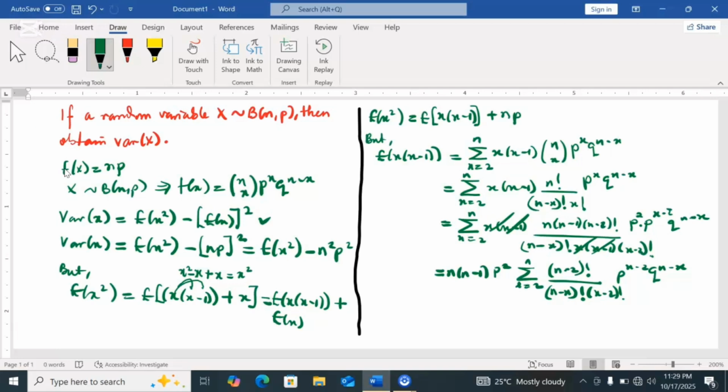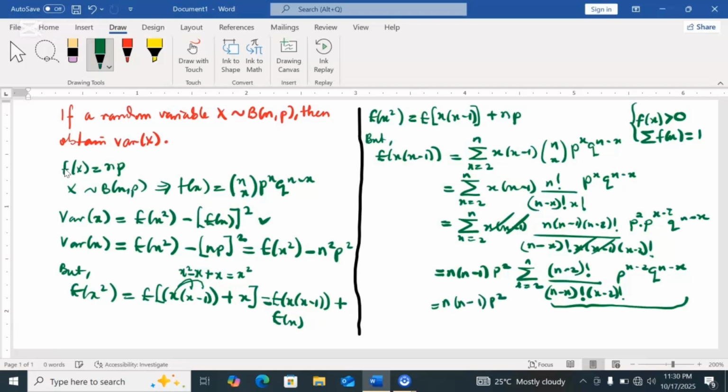Now, please take note that this is a distribution, and like I told you previously, distributions satisfy the following. If f of x is a distribution, it must be positive, okay? And 2, the summation of a distribution gives 1. So these two properties must be satisfied, and I can tell you for a fact that this is a distribution. So summing this distribution over the domain will give us 1. So we end up having our result for that as n times n minus 1 times p squared.